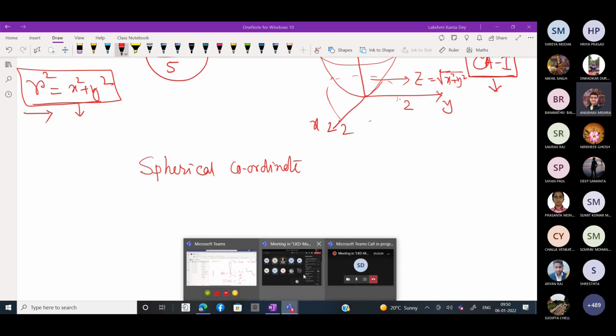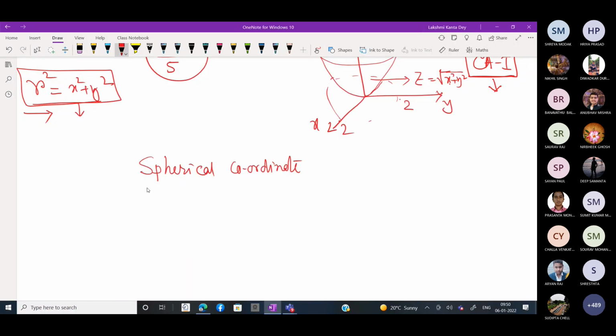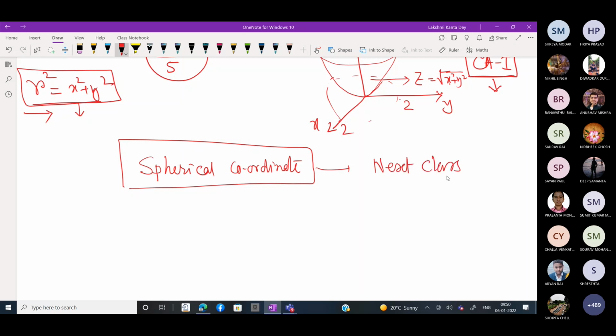Sir, is this triple integration also included in our CA1 test? Spherical coordinate system, this I will discuss in the next class. I already told you that triple integration, whatever will be taught up to today's lecture, is included in your syllabus.